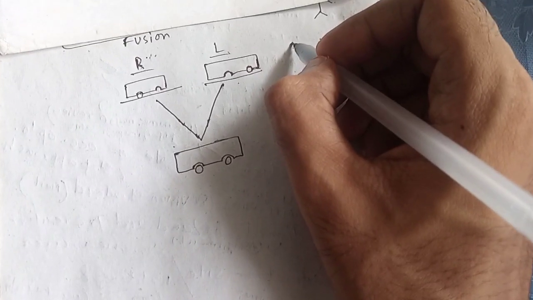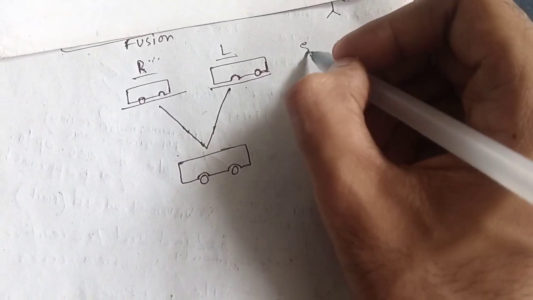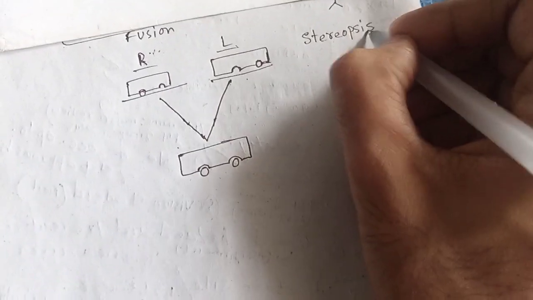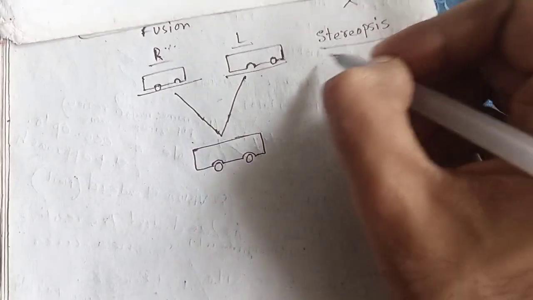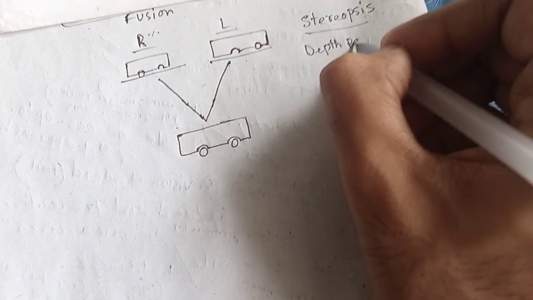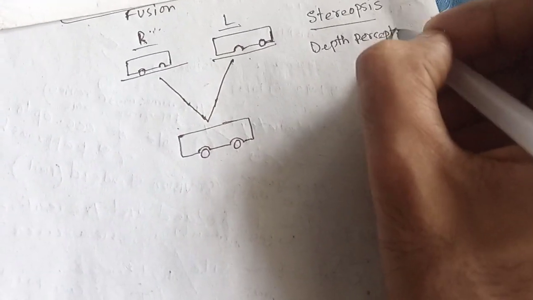Now the third and most important component of binocular vision is stereopsis. In simple words, it is depth perception.